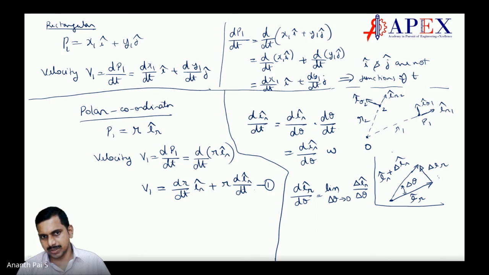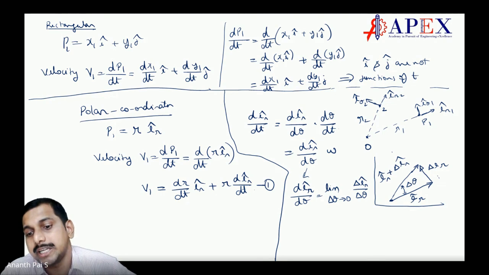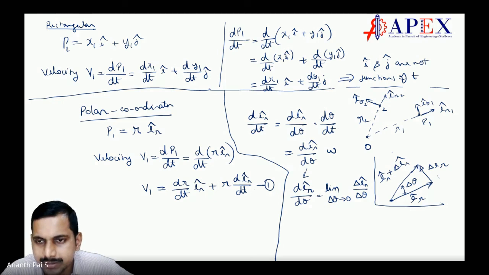I'll repeat again. der by dt, I have written as der by d theta into d theta by dt. d theta by dt is omega, which is angular velocity. Now what is remaining? der by d theta can be written as limit delta theta tending to 0, change in er divided by change in angle. Make sense, students?